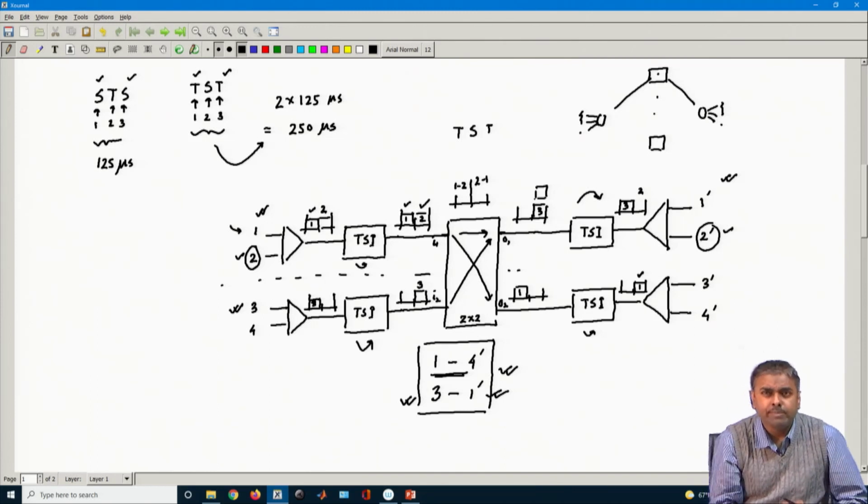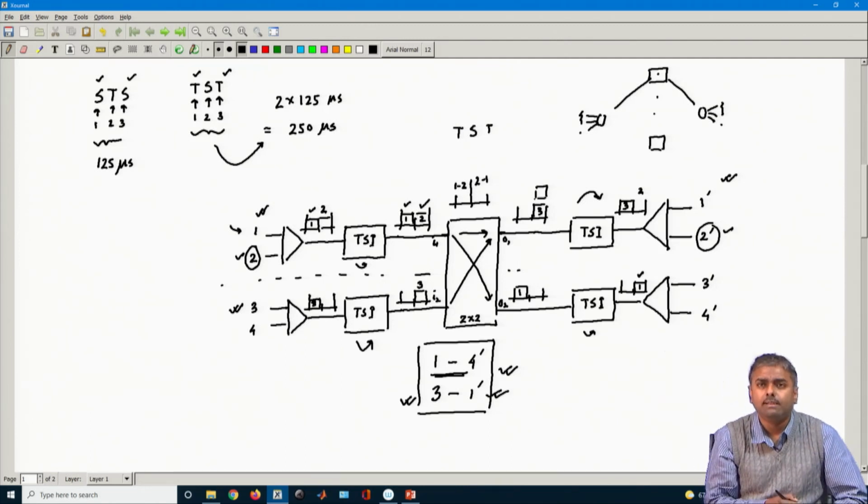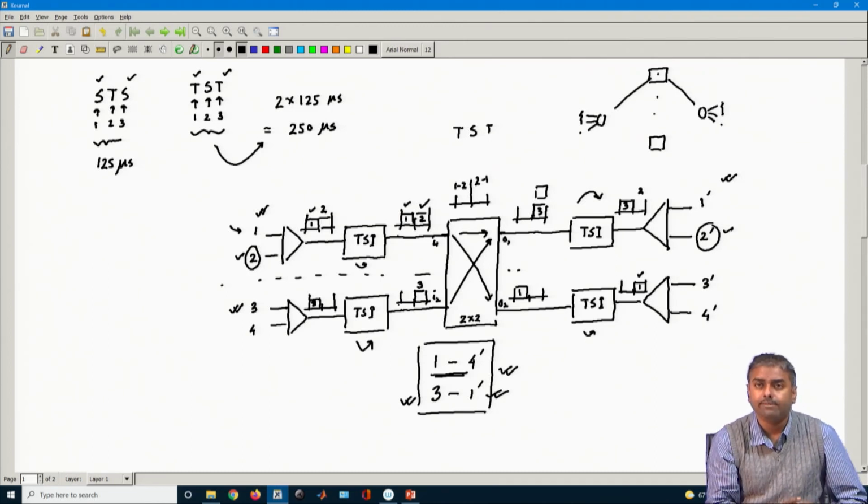You might be asking whether we can do something. Again, like in the rearrangeable non-blocking space switch, we can do something. The second connectivity we made, we might rectify that. So, what can we do?